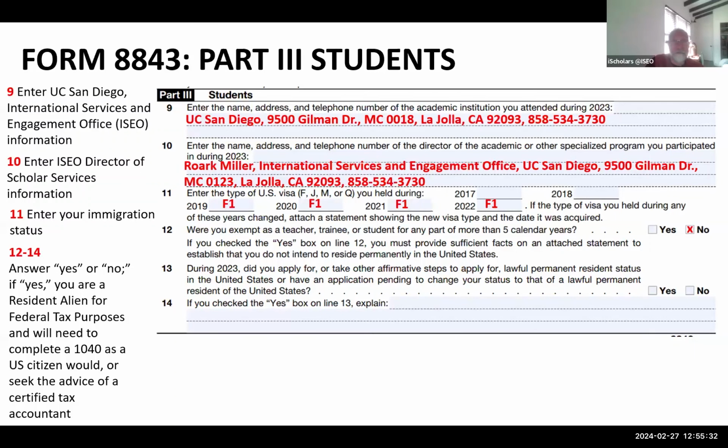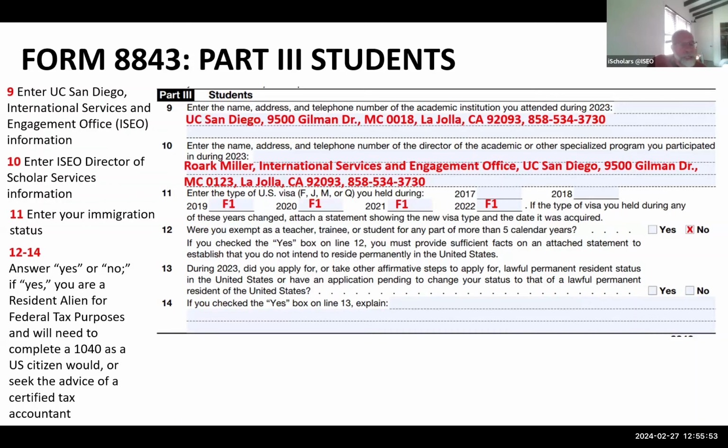So for instance, if you're a scholar and your home employer is paying your salary while you're doing work for them here, then that actually is California source income, and California will tax you on that income.